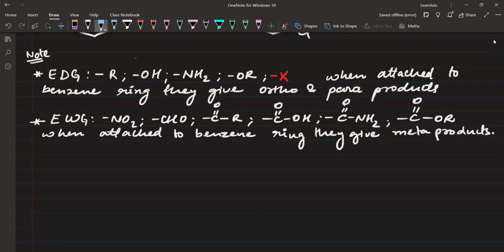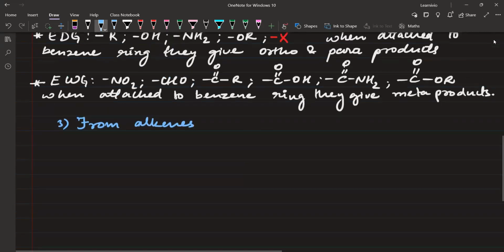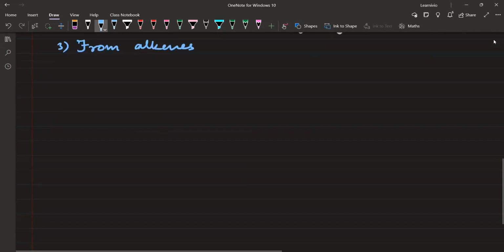After this, you will write the third method of preparation, from alkenes. Done writing, Rishita? Yes, sir. Okay. So from alkenes, here also we have a few methods. The first method is known as halogenation of alkenes.